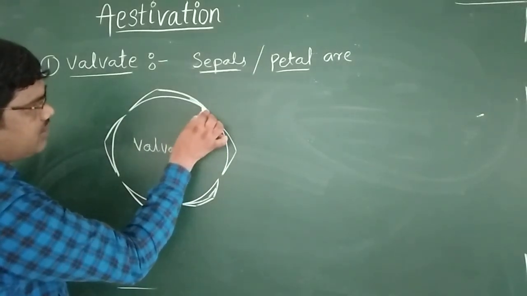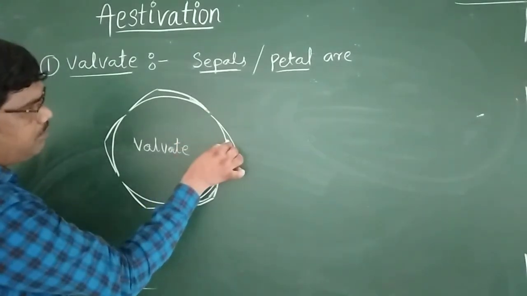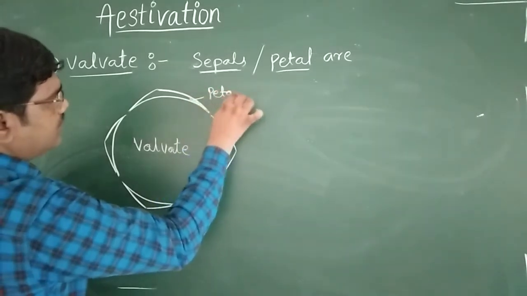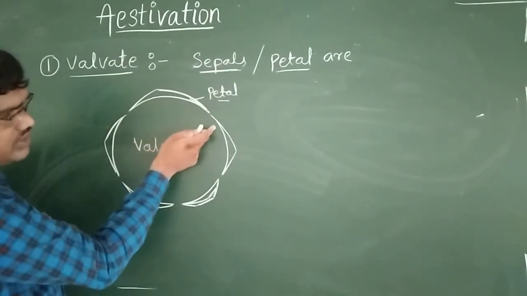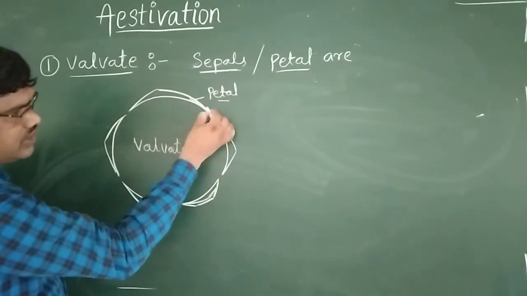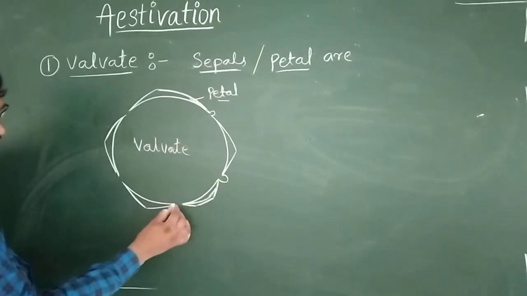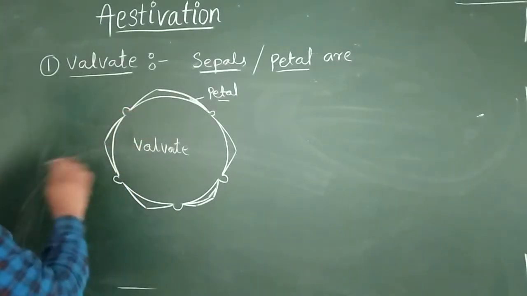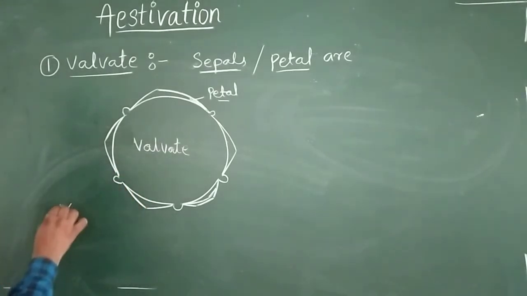This margin is very close to the margin of another petal. Like this arrangement is called valvate estivation.